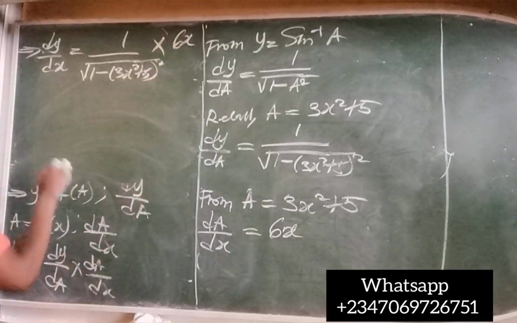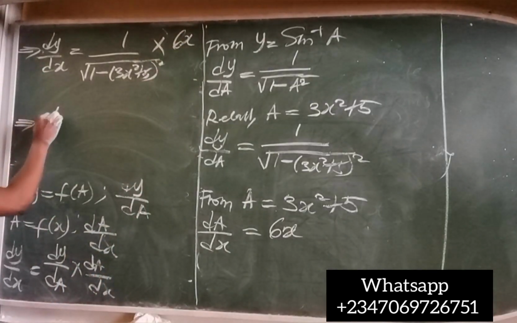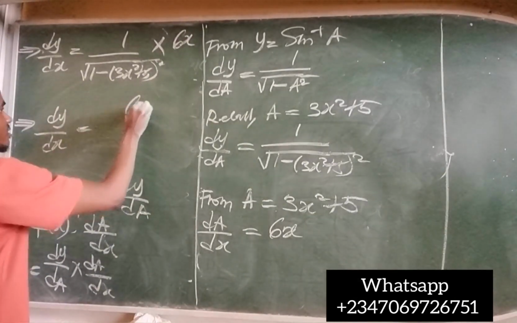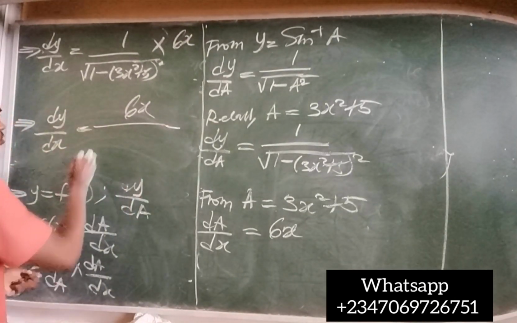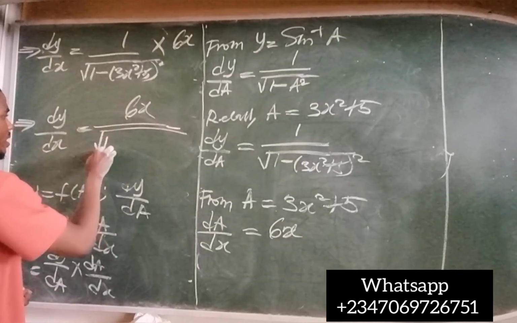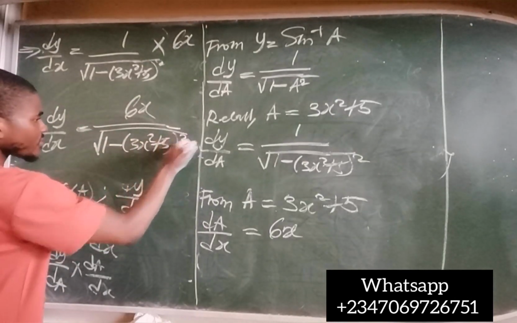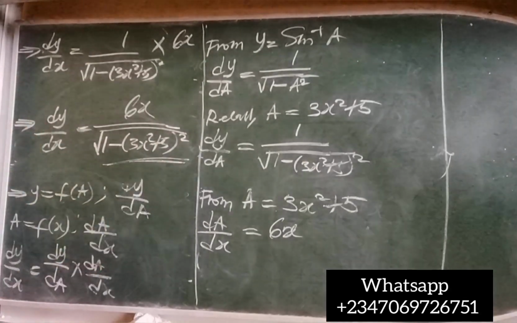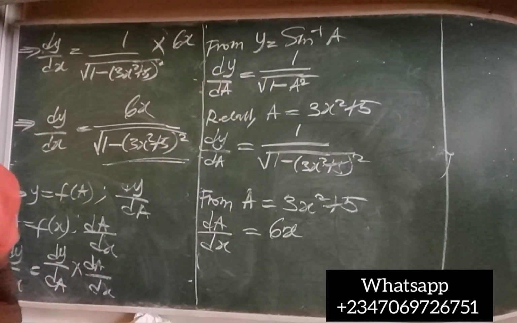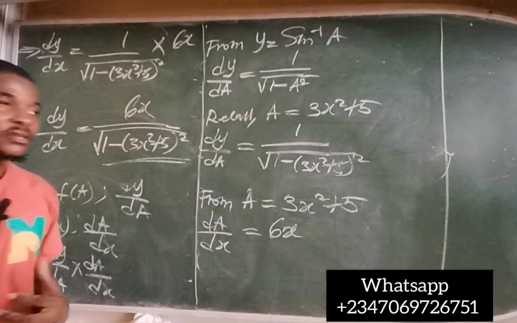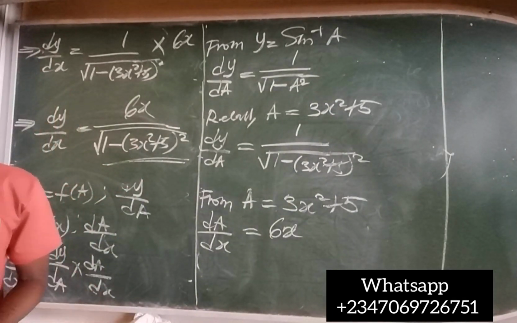So this implies that dy dx is actually 6x over the square root of 1 minus 3x squared plus 5 all squared. That becomes the answer to that derivative. Once again, if you choose to expand this, you can go ahead and expand it, but that remains the answer.